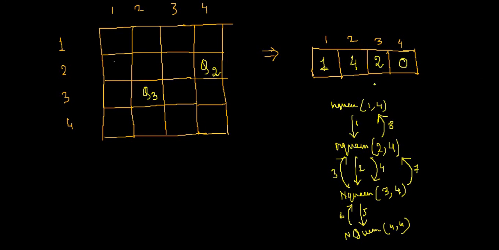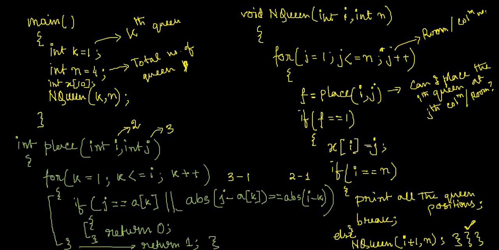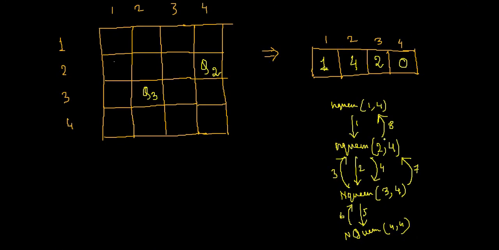So when 2, 4 returns back to queen 1, 4, the for loop j of queen 1, 4 will start resuming and running, and it will run from j equal to 2 because j equal to 1 is already done, right? So that means after returning to 1, 4, what is the status of this function?